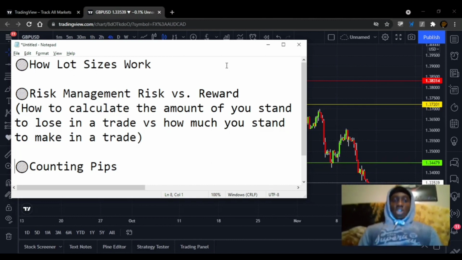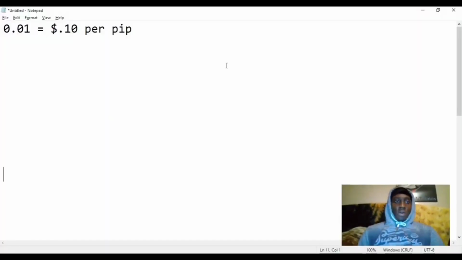So I'm going to go ahead and get straight into the first one, which is how lot sizes work. A lot size is simply a measurement used to scale how much money you are leveraging per pip, right? So if you're using a 0.01 lot size, you would be using 10 cents per pip. Now, the easiest way to convert a lot size is to do this.